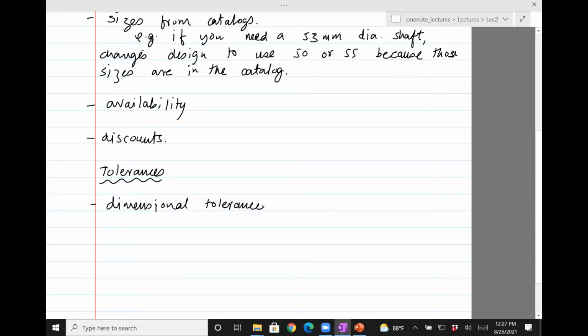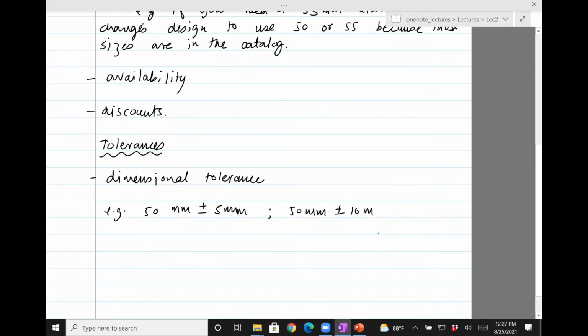That is, you cannot have a perfect 50 millimeter shaft, no matter how hard you try. So for example, you have a 50 and the way tolerance is written is plus or minus 5. That's one type of shaft, say, which is made by some vendors, but you could also get another one, which is plus or minus 10.